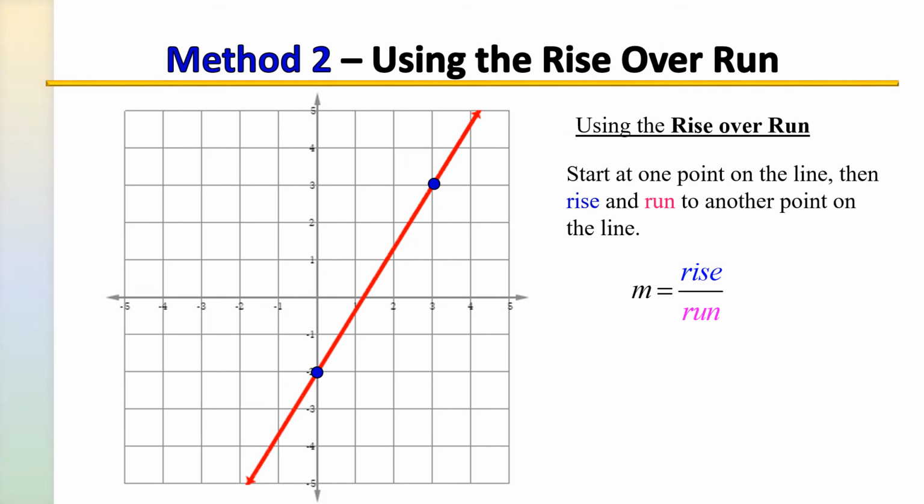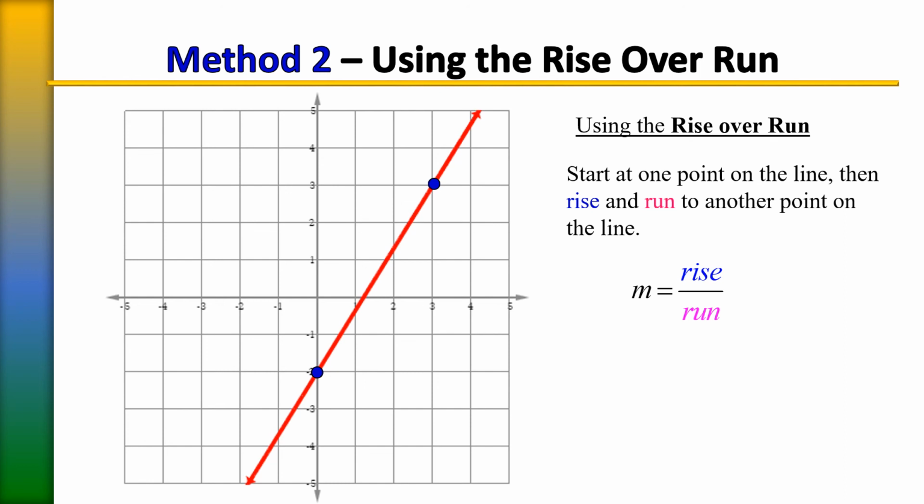Method two is you still find any 2 points on the line, preferably whole number points, and then simply rise and run from one point to the other point on the line. So I'm going to go ahead and do that.